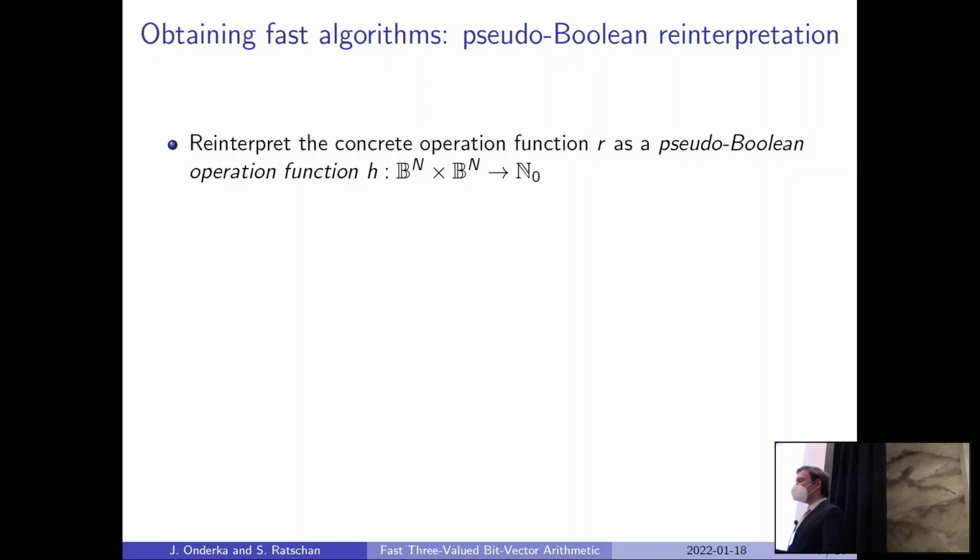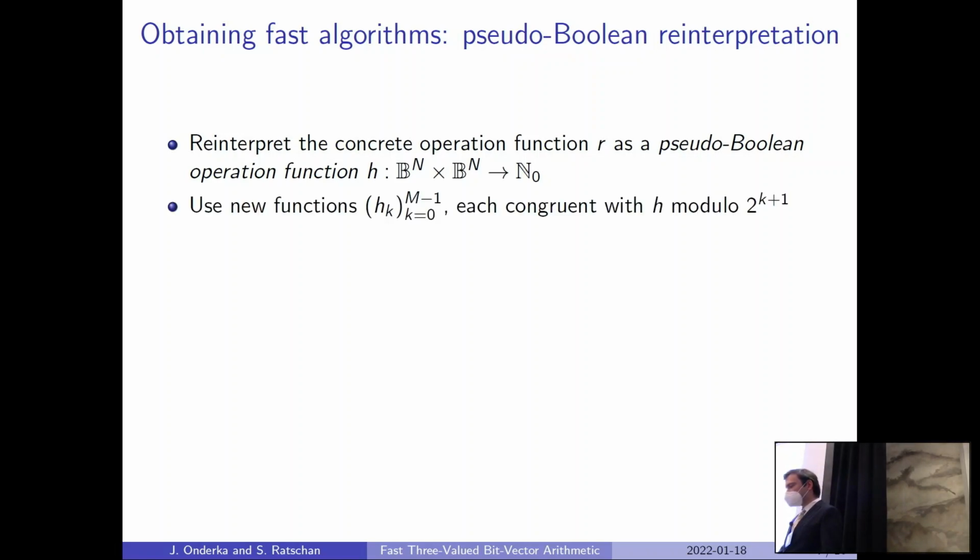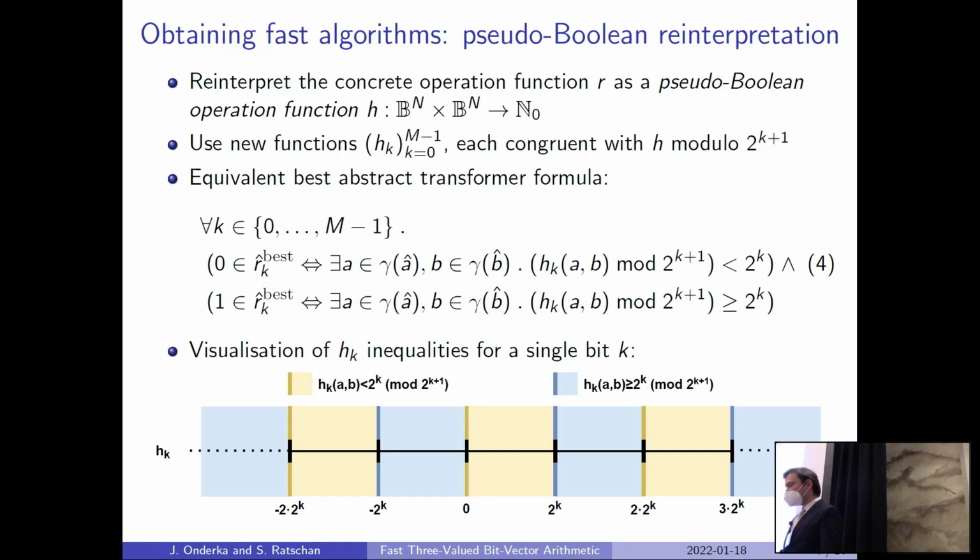So we will reinterpret the concrete operation function R as a pseudo-Boolean function H, which basically gives the output as the unsigned number that corresponds to the output of R. Now, we will use a tuple of new functions h_k for every output bit k, and each of them will be congruent with h modulo 2^(k+1). And I will return to why we do this.